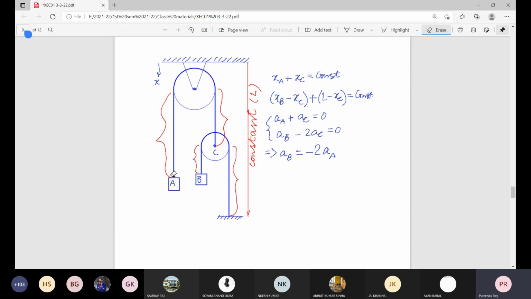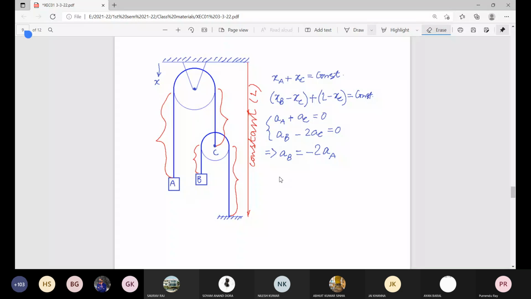Now please see this diagram. Whenever we are writing those equations for kinematics, the primary thing is that the total length of the rope is fixed, it is inextensible. So there are two different ropes.